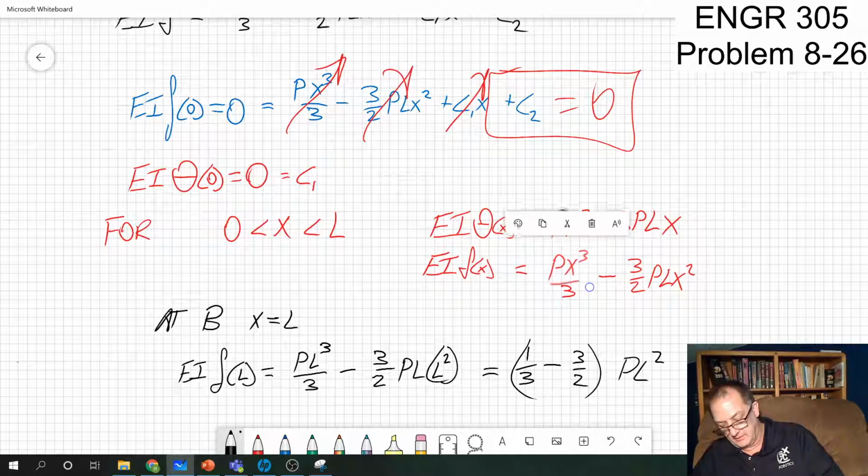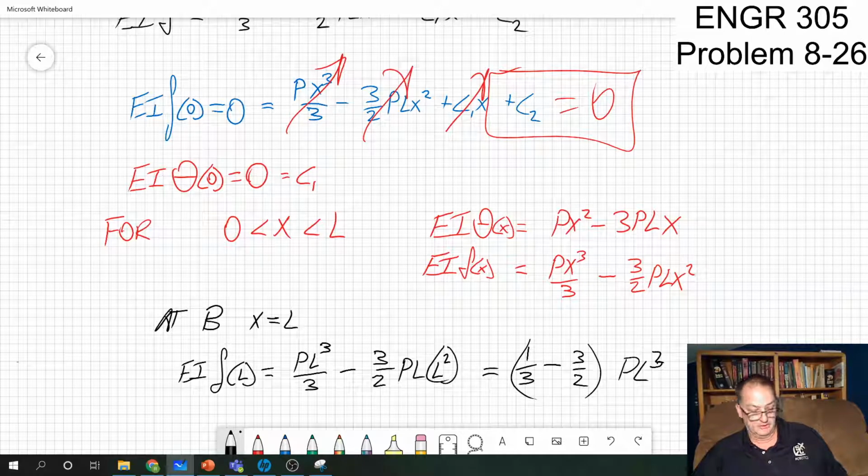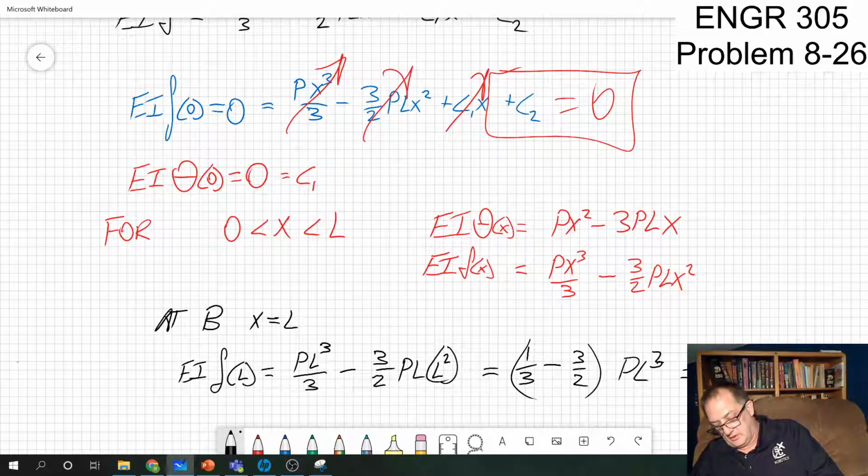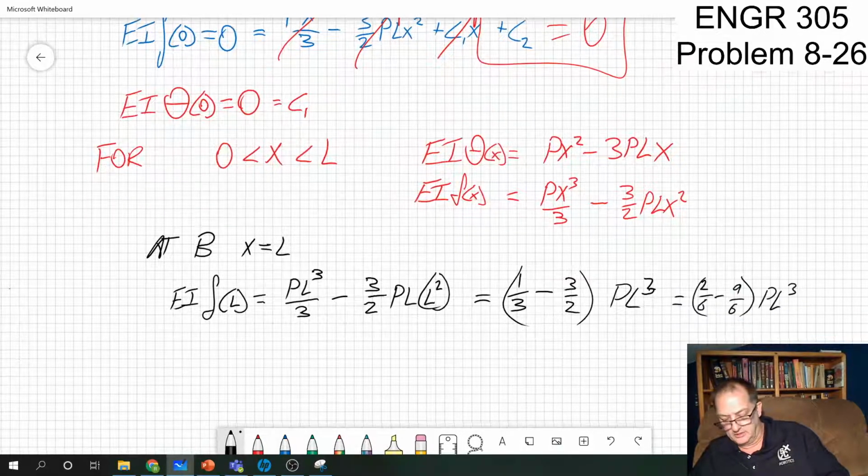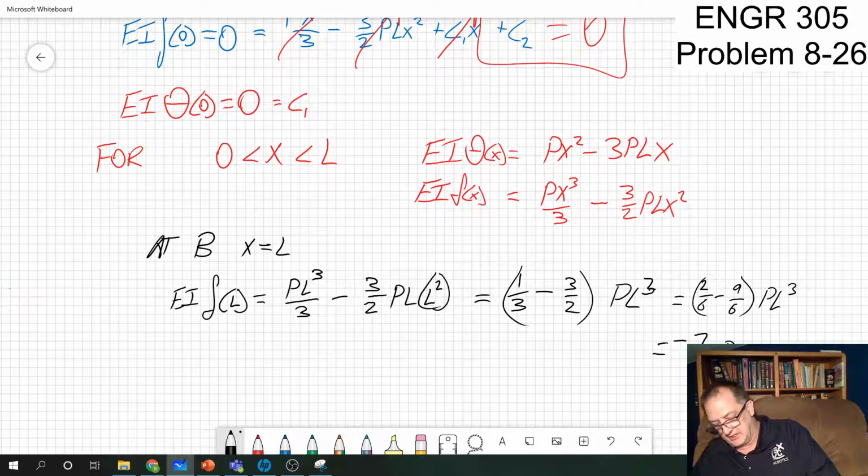Sorry, PL cubed. 1/3 is equal to 2/6, minus 9/6. So 2/6 minus 9/6 PL cubed equals negative 7/6 PL cubed is EI delta.